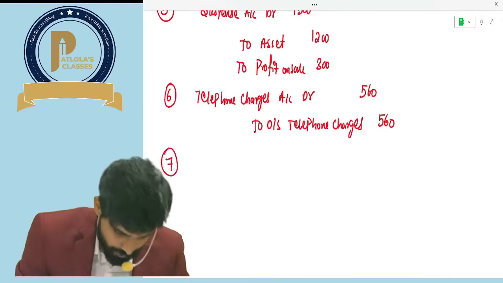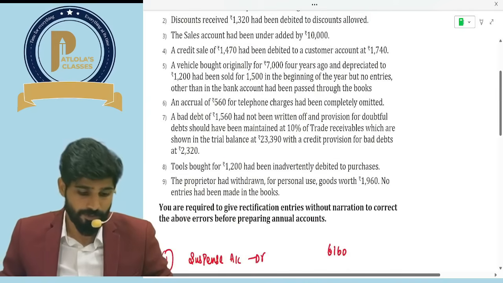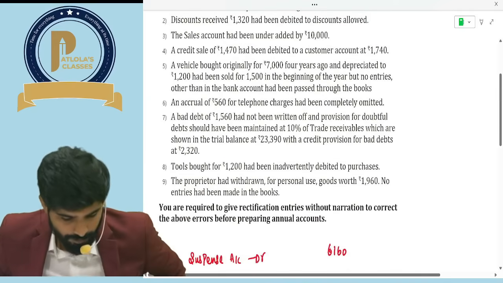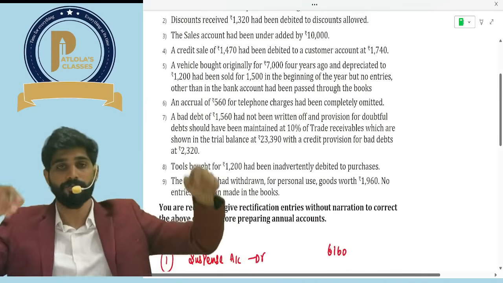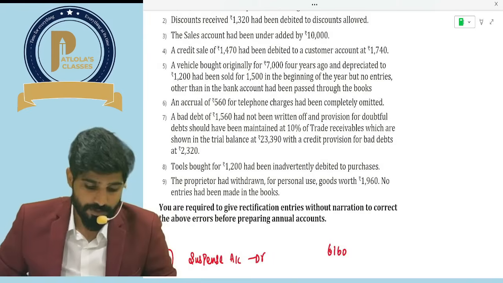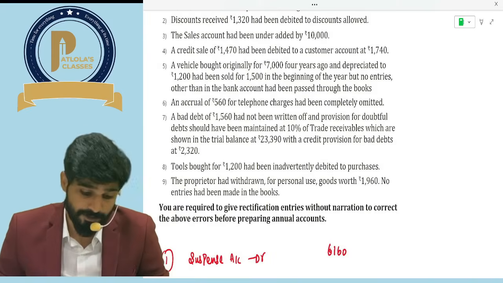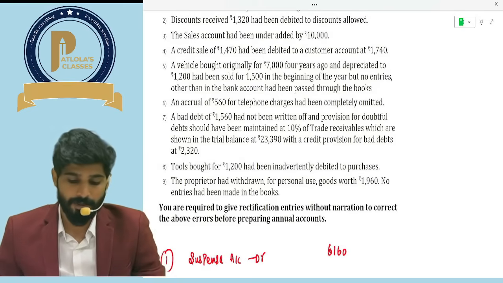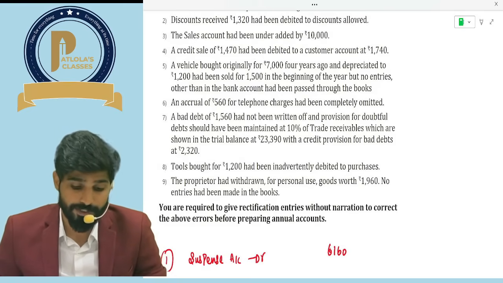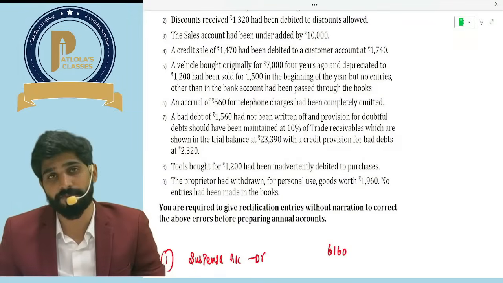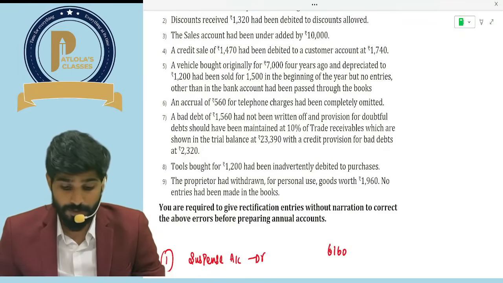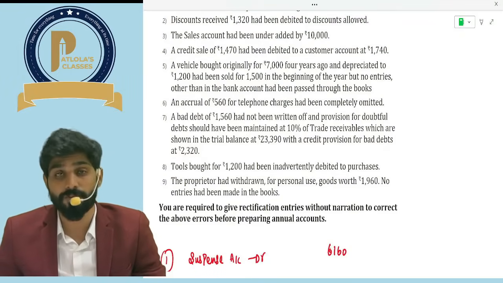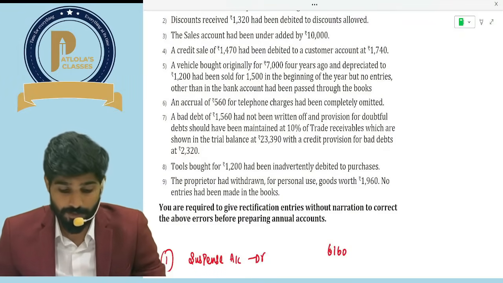Next, let's come to the seventh one. Sir, the seventh one is the most important one, wherein majority of the students will have a lot of doubts. How much is the bad debts? A bad debt of 1560 has not been written off, and the provision for doubtful debts should be maintained at 10% of trade receivables, which are shown in the trial balance at 23,390.